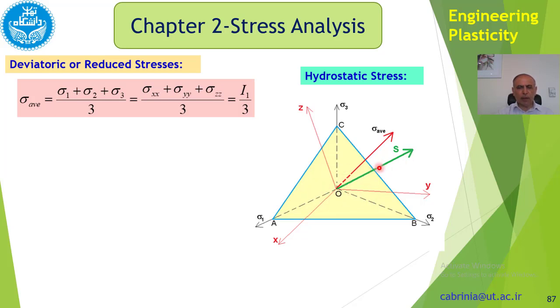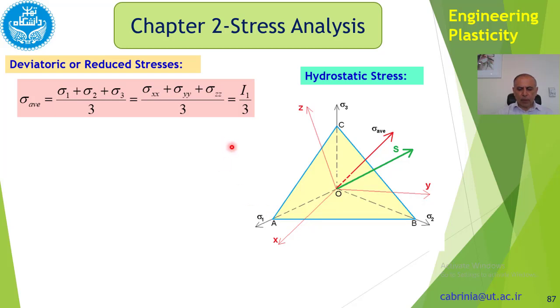It makes angles alpha, beta, and gamma. If alpha, beta, and gamma are equal, then sigma average will be the same as S. But here it is different. So sigma average is the stress vector which makes equal angles to all three axes.